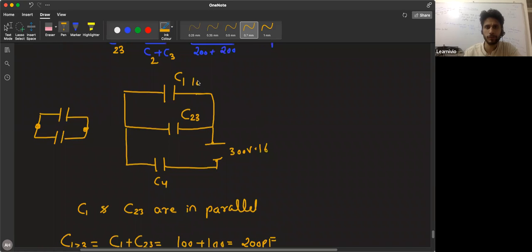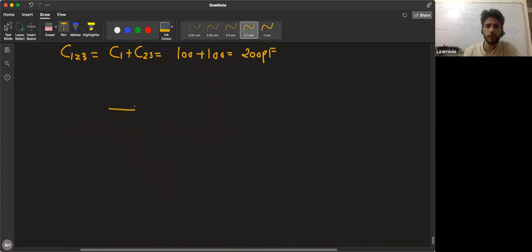Next, we will remove these two capacitors and replace this combination by a single capacitor. When I remove them, I write this as C123 and connect it with a single capacitor. It's 300 volt.